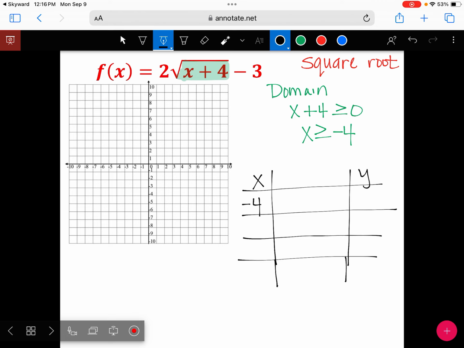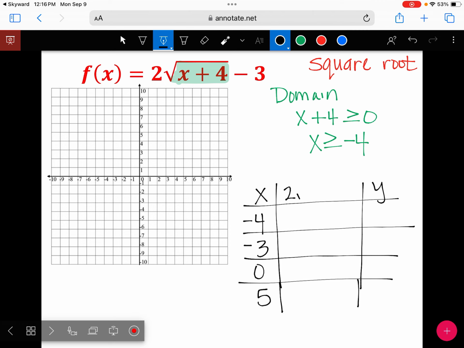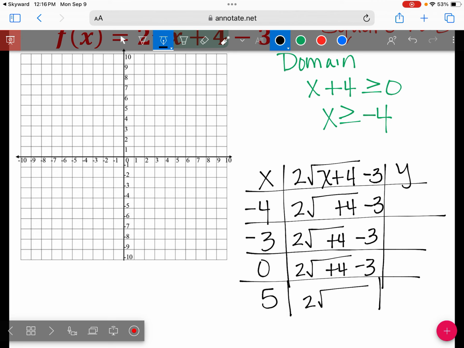I don't want to have decimals, so these are the numbers I use. And I'm going to see if you can figure out why I picked those numbers. That's just what I did, because I don't want to have to deal with a decimal. So I want to be clear.